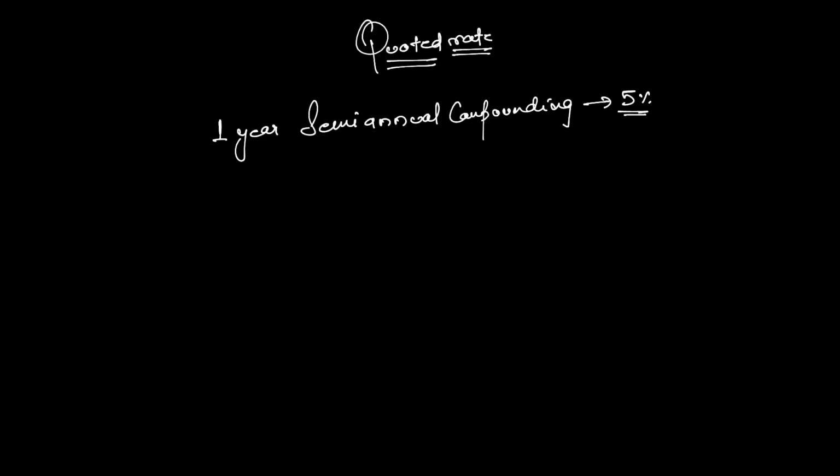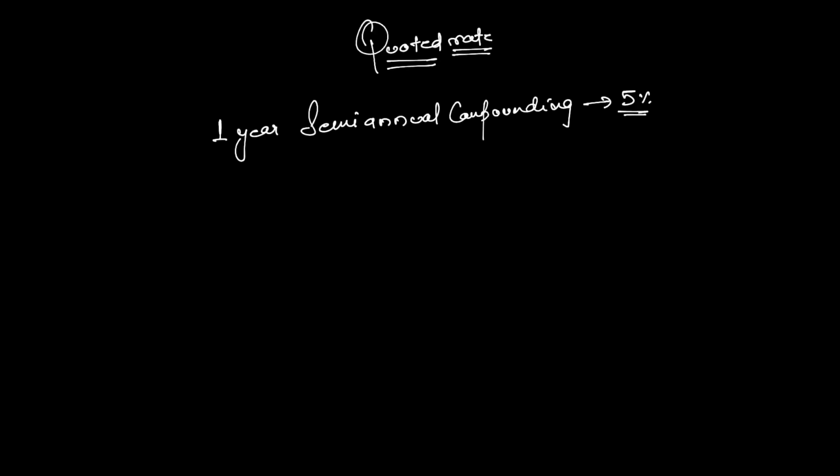Now if it is given that the 1 year or annual semi-annual compounding rate is 5%, does it mean that you will earn 5% in 1 year?